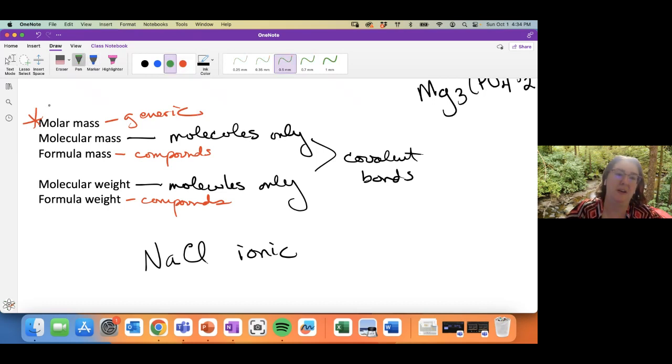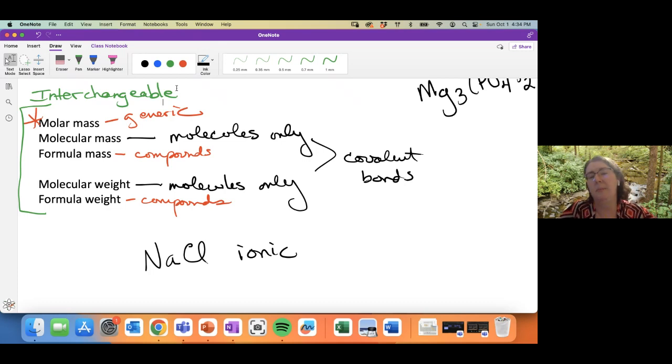Now the hard thing, to be honest, is that all 5 of these really are just interchangeable, because there are times where we should use one term over the other, but sometimes we slip up and mess up, or other times, because some of them are interchangeable no matter what, sometimes you just get a roll of the dice. So all of these refer to the same thing, even though there are times where we definitely should be using one over the other. And that is basically to talk about the mass of this as a whole, the atomic mass or grams per mole number of the whole thing.